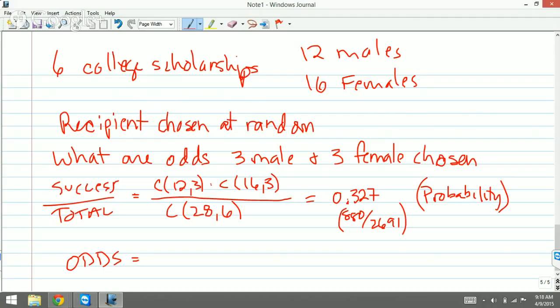Okay, now odds. And I went a different track here than I should have, but what's the probability of success here? We already have that number, correct? Yeah, we've already figured it out. So we can put the fraction in there.